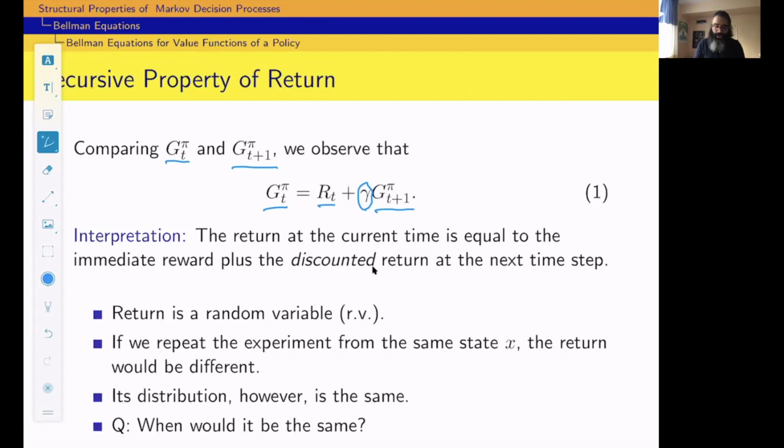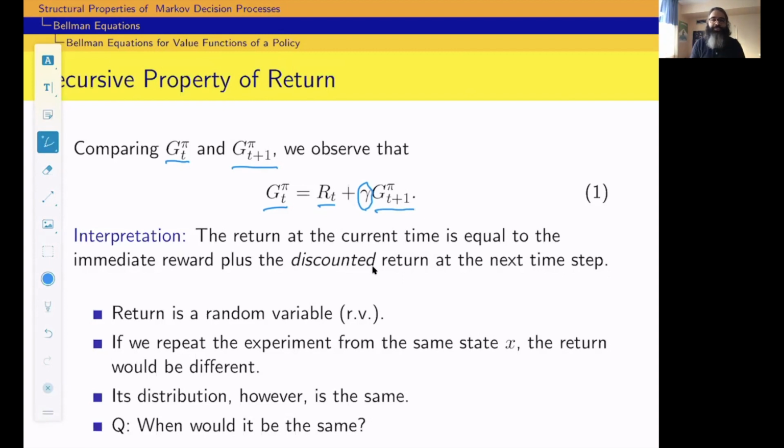A few comments. One is that this return is a random variable. If we go to a certain state, like state x, and compute the return once, we get a sequence of rewards and then compute the return. Then we go to the same state again in another run and compute the return.